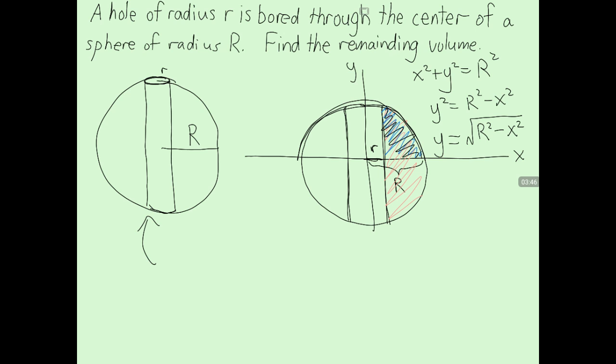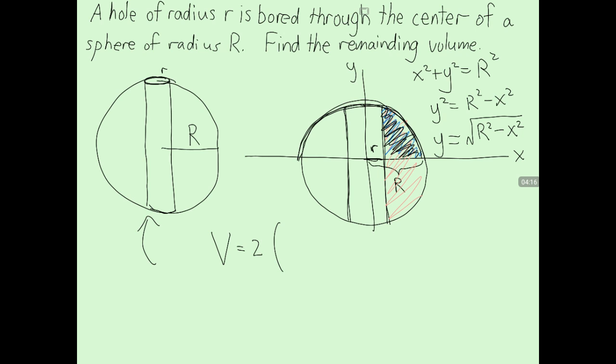The way we go about finding the volume is by the shell method, because we're rotating this around the y-axis, and we can divide this into nice cylindrical shells. So the volume of this entire shape is going to be 2 times the volume obtained by rotating just this upper portion around the y-axis.